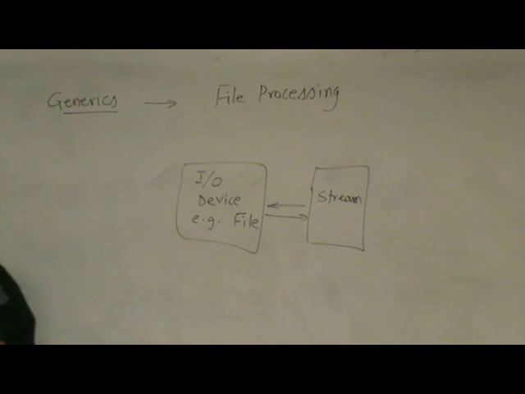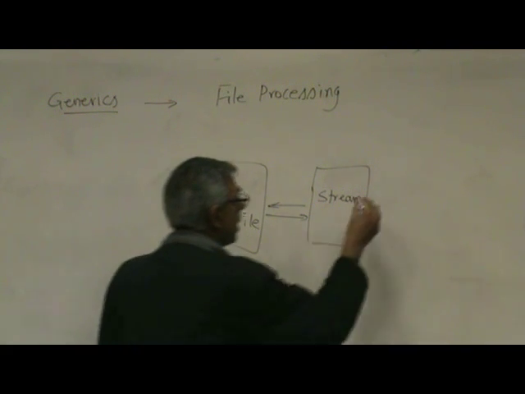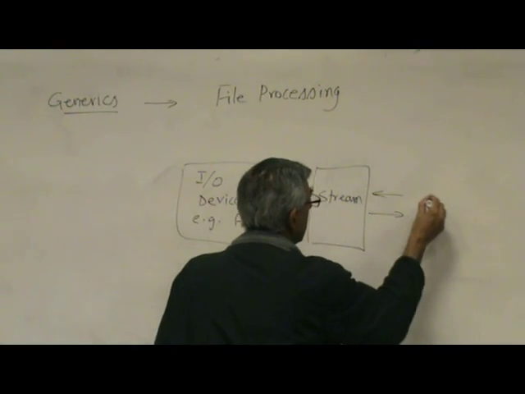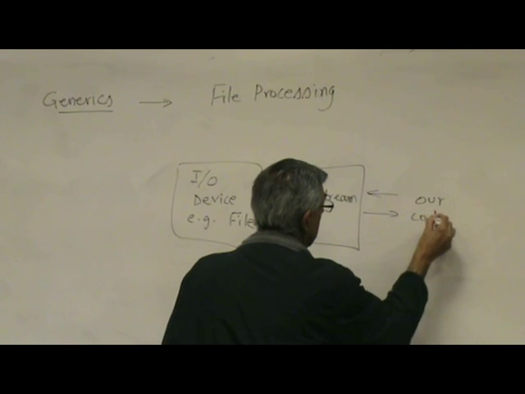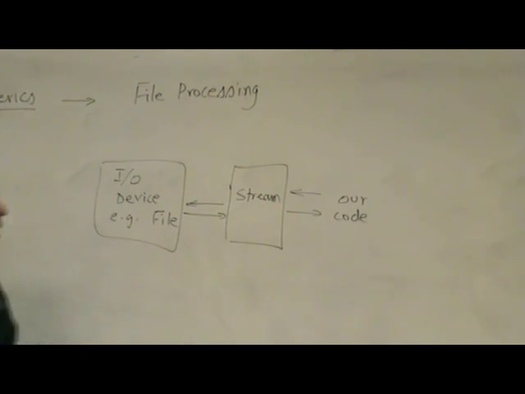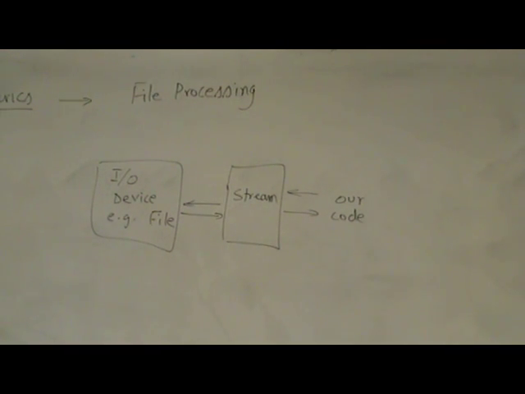First we associate a stream with a file or a network socket or any other input-output medium. Once we have associated the stream, our code simply reads or writes using the stream object.